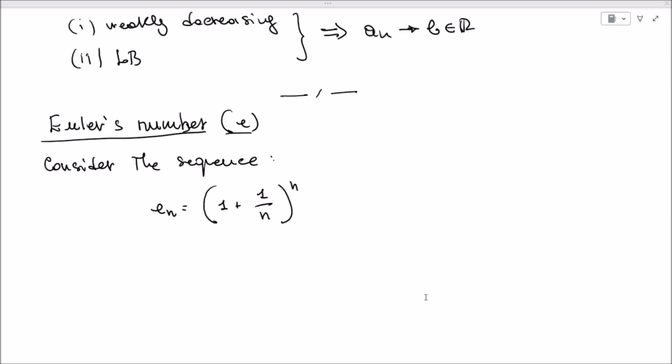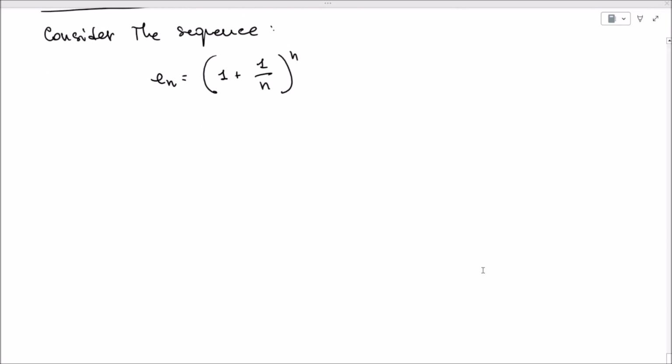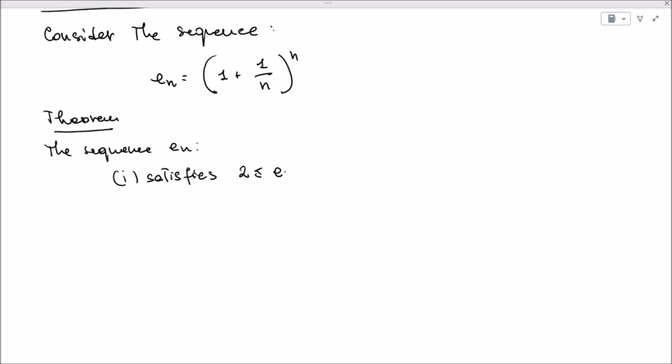In relation to this sequence, we can state the following theorem. The sequence en satisfies the following inequality: en is always in between 2 and 3.